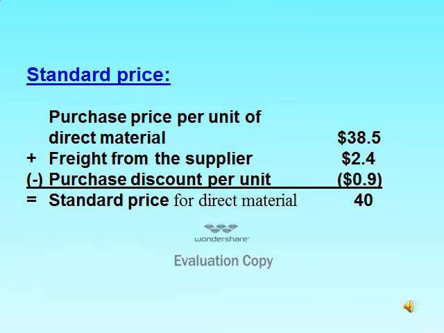To calculate the standard price, start with the purchase price per unit of direct material 38.5, plus any expenses, freight from the supplier 2.4, minus the purchase discount per unit 0.9, which equals a standard price for direct material of 40.